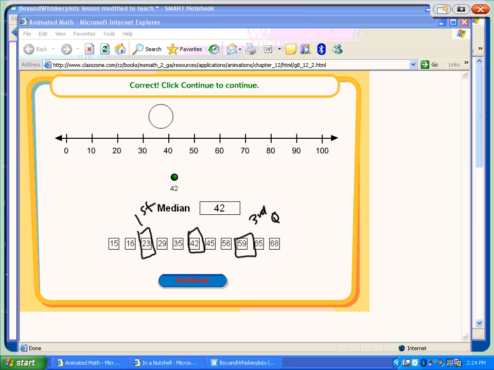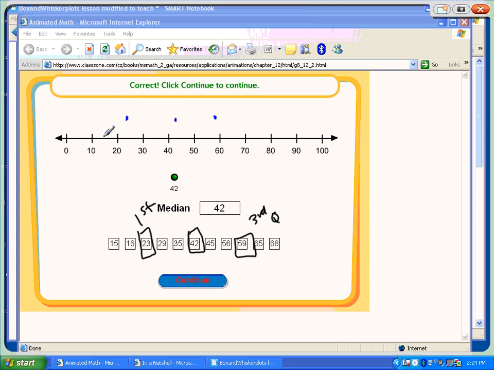So go up, make a dot on 42. Where else are we going to make a dot? 23, so go to 23. Make a dot, and 59.